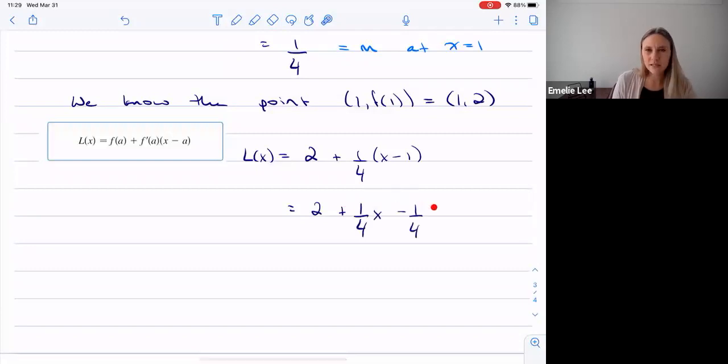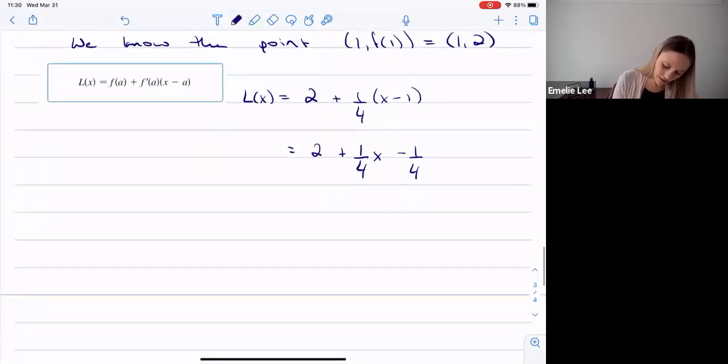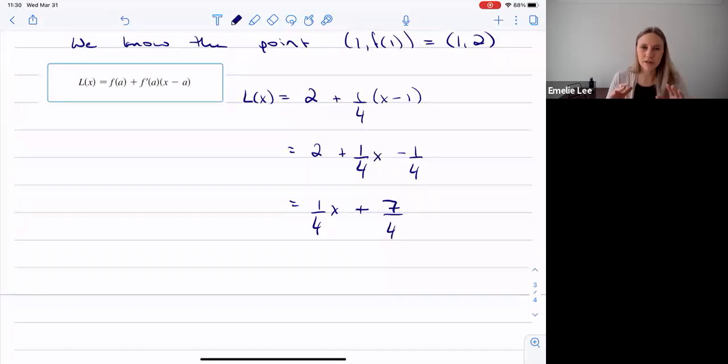Now I want to collect this 2 and 1 over 4, which means I need to rewrite 2 as something over 4, which is fine, right? 8 over 4. 8 minus 1 is 7. So I get 1 over 4x plus 7 over 4 after I find the common denominator and subtract.